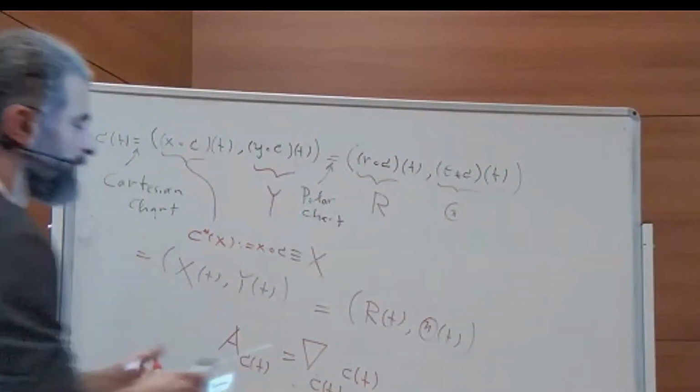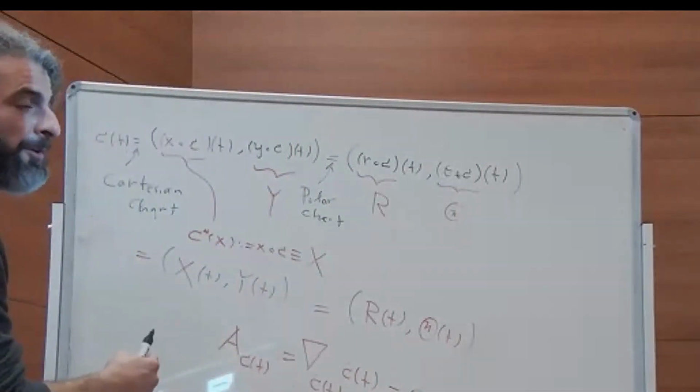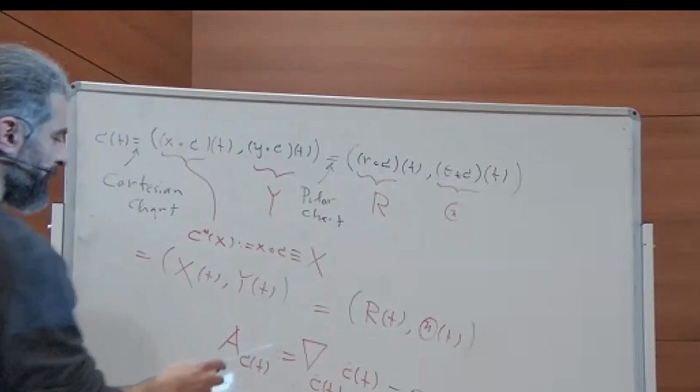If it's zero, we call this curve an autoparallel of the connection nabla.